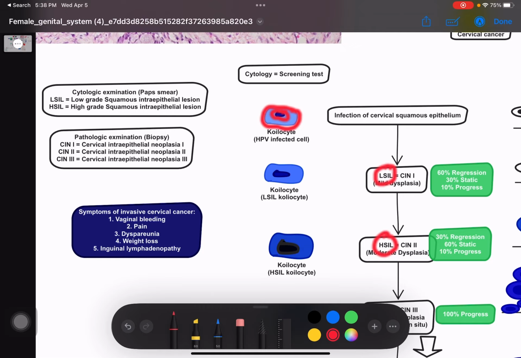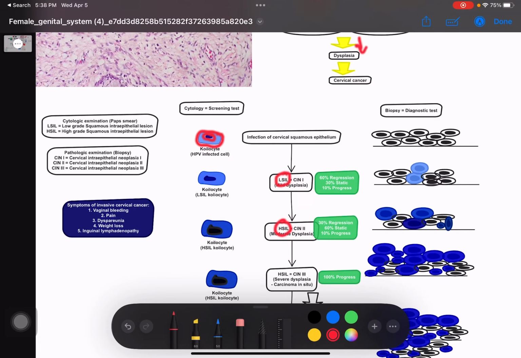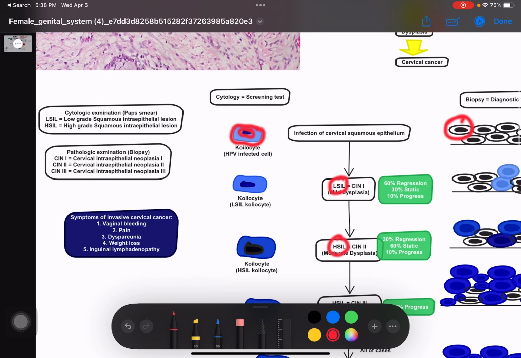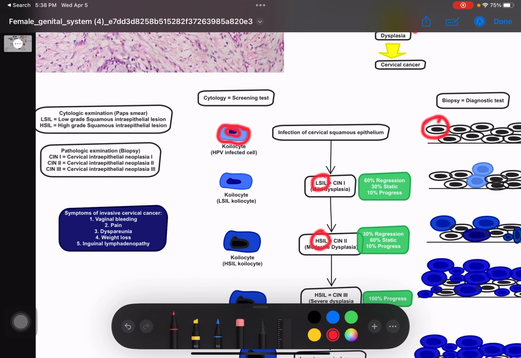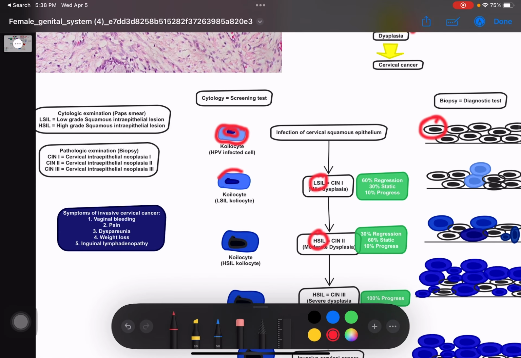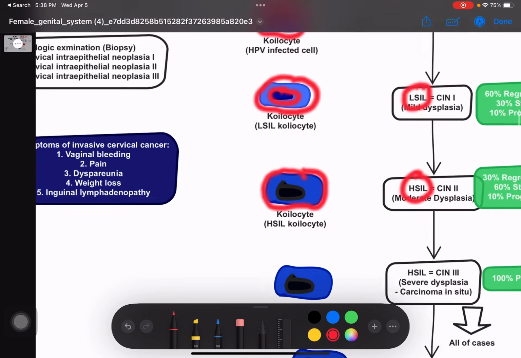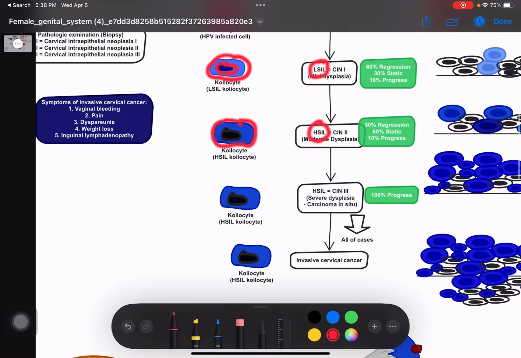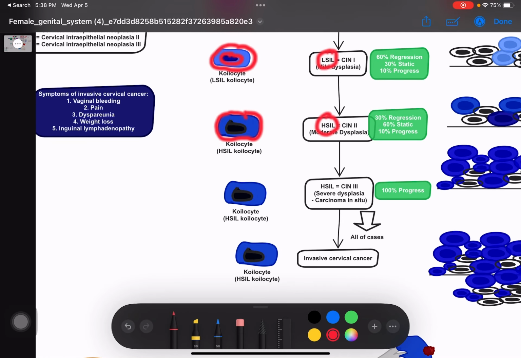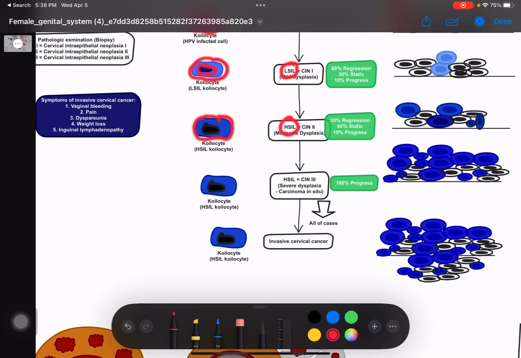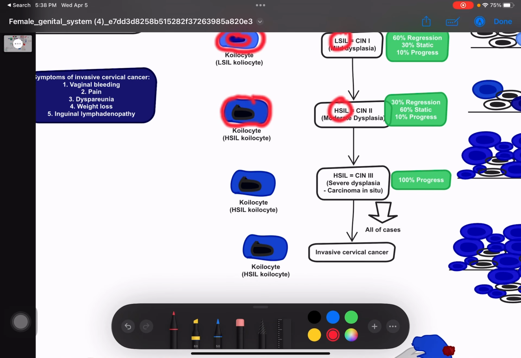So this is the normal cervical cell right here, right? And when it gets infected with HPV, the abnormalities progress: the nuclear size gets bigger, the cell gets darker, and so on. It's visible in the diagnostic and screening procedure called the pap smear.